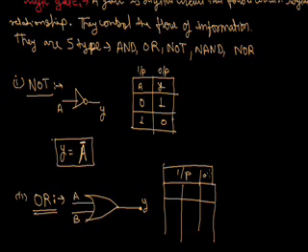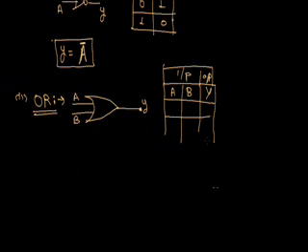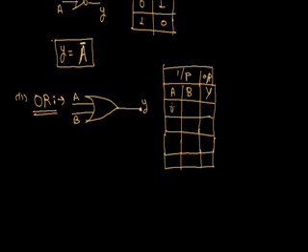Inputs A, B: 0 0, 0 1, 1 0, and 1 1. Then the output will be 0, 1, 1, and 1. So this is our truth table, and the output is defined as A plus B.